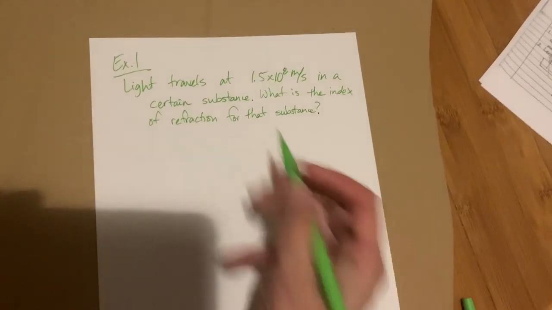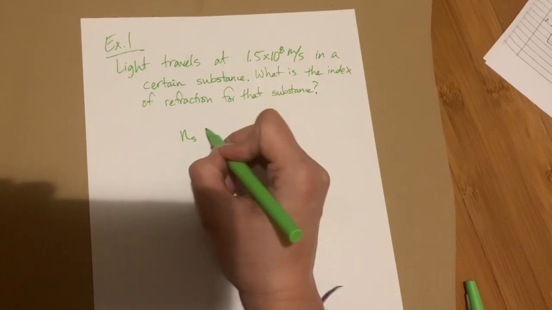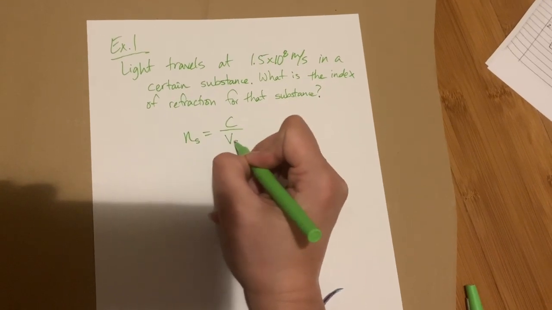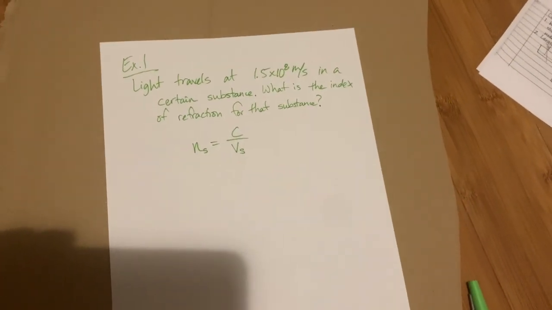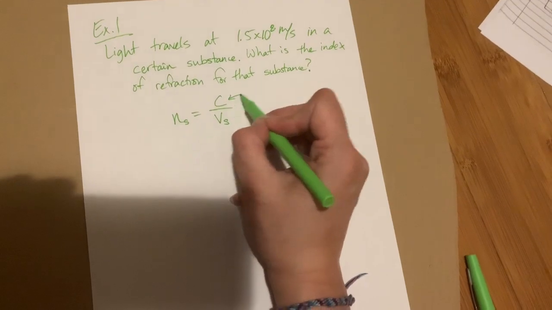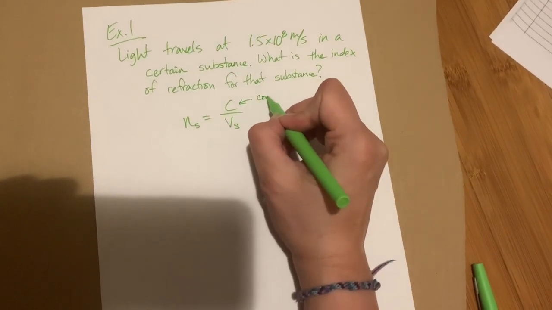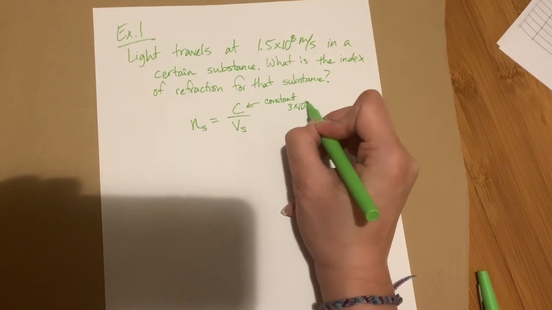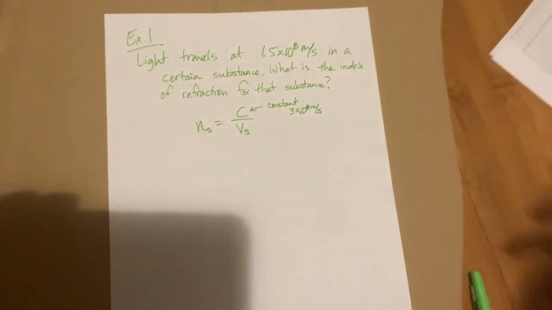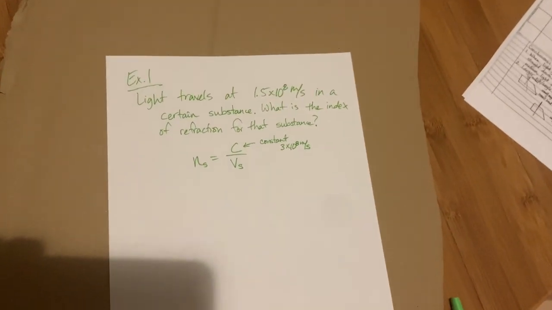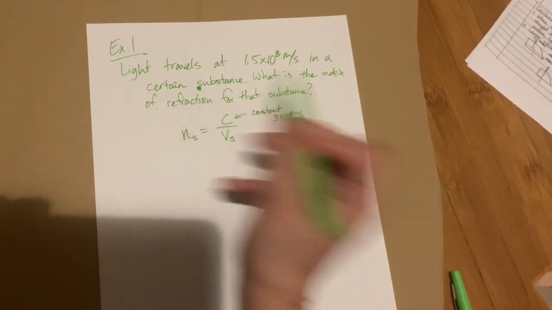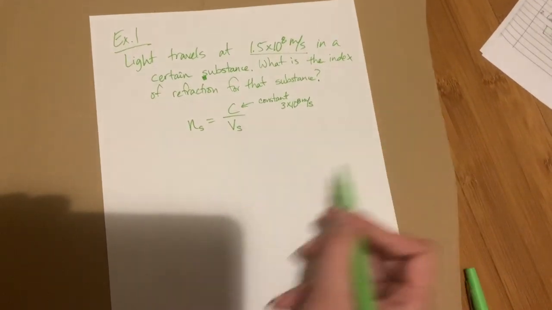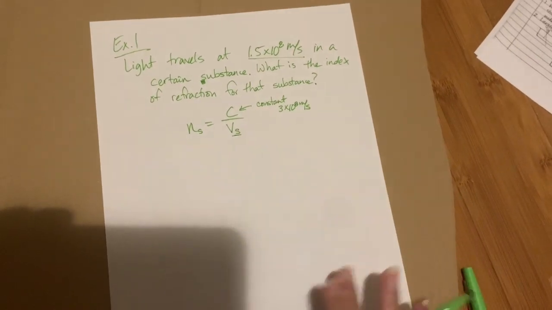All right, well, we've got n_s equals c over v_s. We always know c. c is a constant, 3 times 10 to the 8. This substance has this speed, and so that's going to be this one.